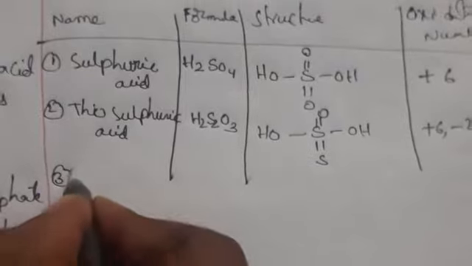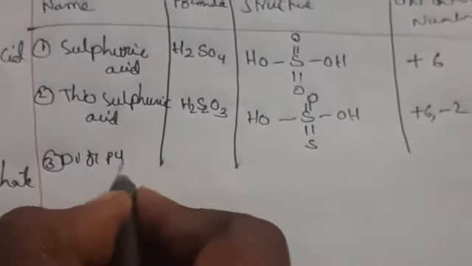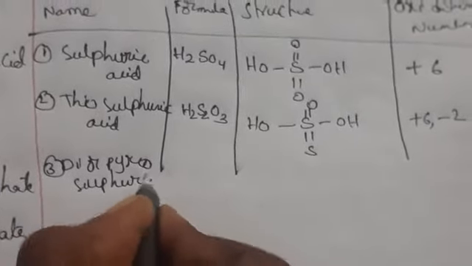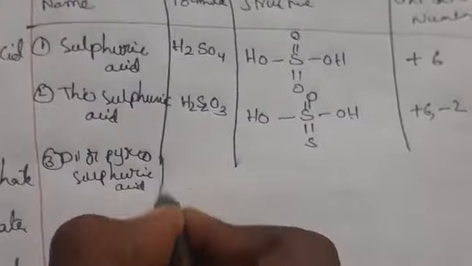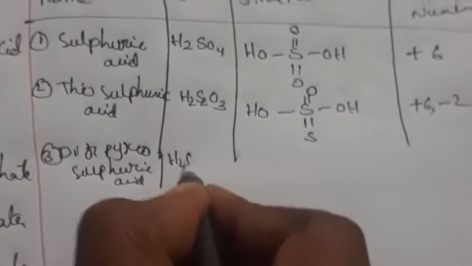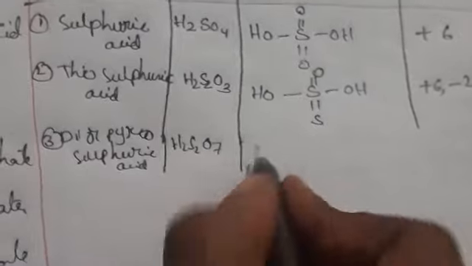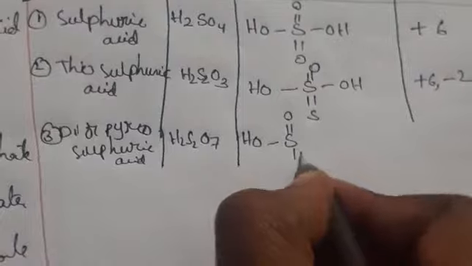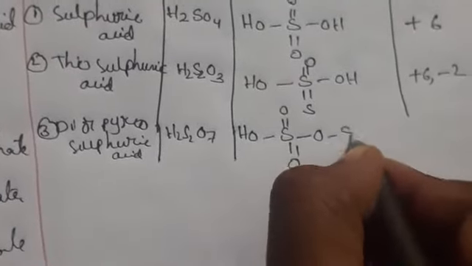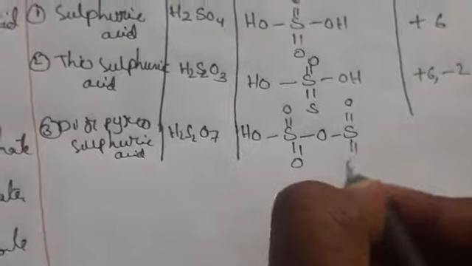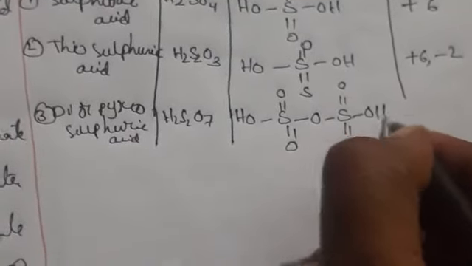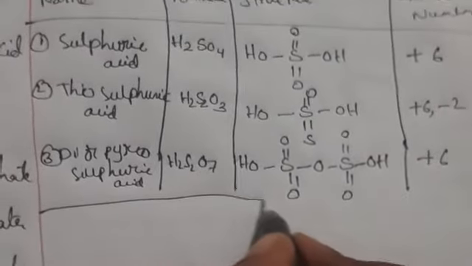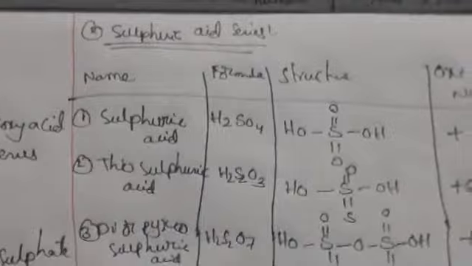And coming to next one, we are having di or pyrosulfuric acid. It is having the formula H2S2O7. Okay, and the structure here is S double bond O, double bond O, O, S double bond O, double bond O, OH. It is having +6 is the oxidation state. So this is sulfuric acid series.